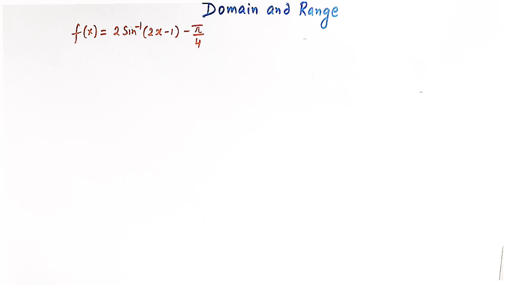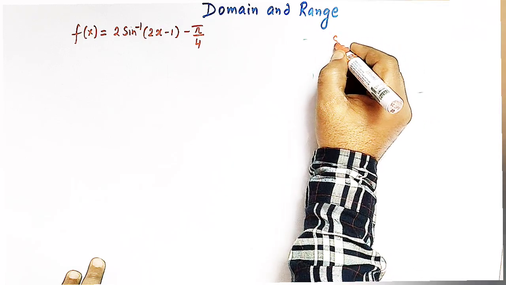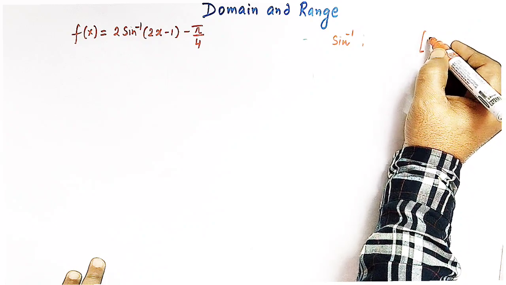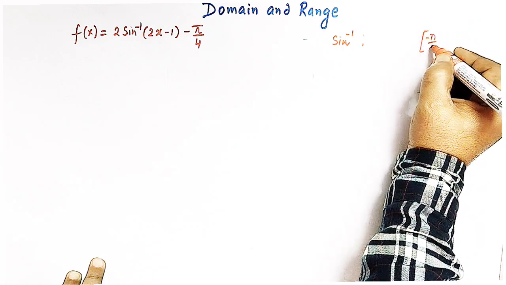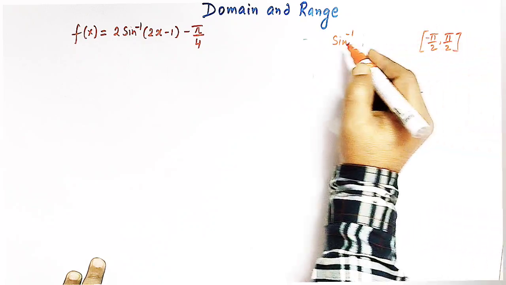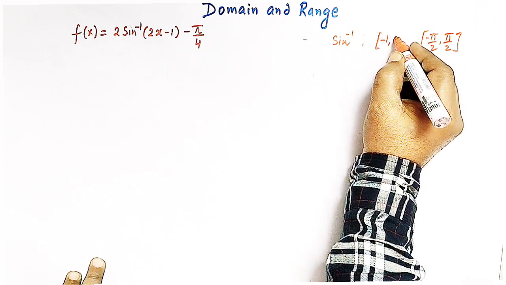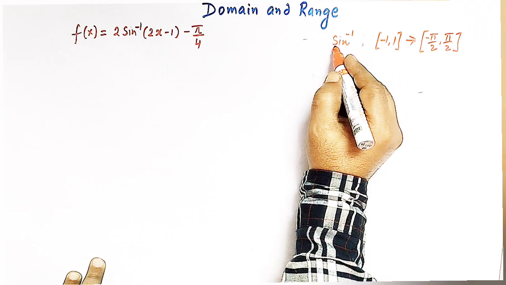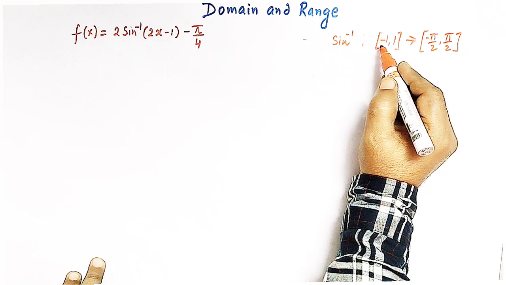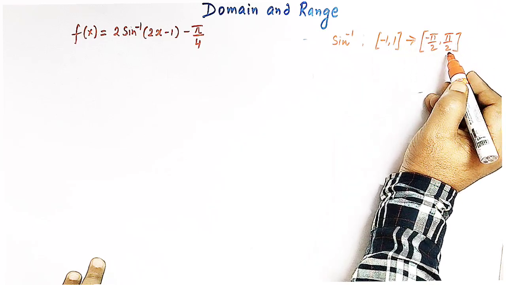So now from the theory of inverse trigonometric functions, we know that the principal value branch of the sine inverse function is given by this interval, that is minus pi by 2 to pi by 2, right? And the domain of the sine inverse function is given as minus 1 to 1, right? So the inverse sine function is from the closed set minus 1 comma 1 to the closed set minus pi by 2 to pi by 2, right?